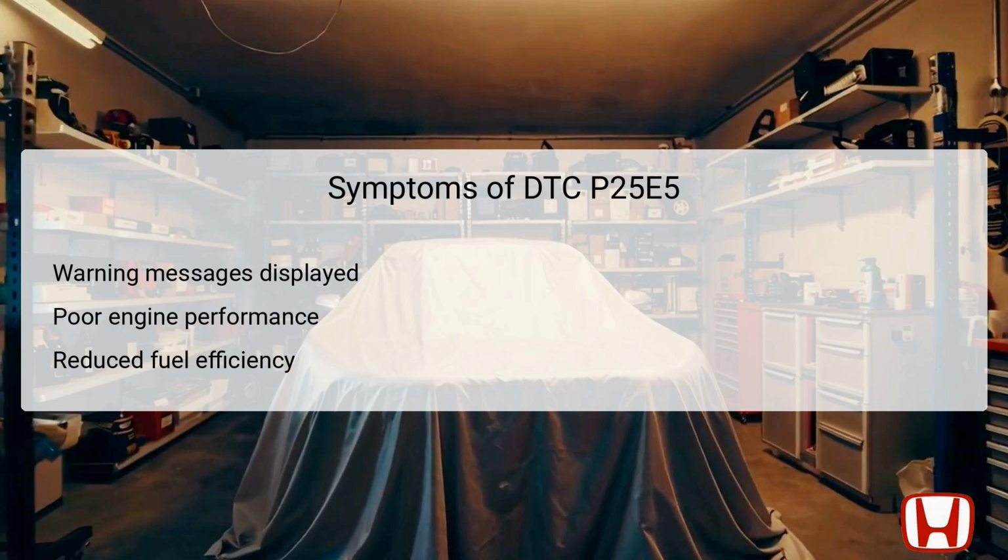There can also be a reduction in fuel efficiency, as an improperly functioning VTC system adversely affects the combustion process. Additionally, increased emissions may present a concern, especially as the vehicle's onboard diagnostics detect issues affecting engine efficiency. It's essential to act on these symptoms, as they can compound into more significant mechanical problems if left unaddressed.